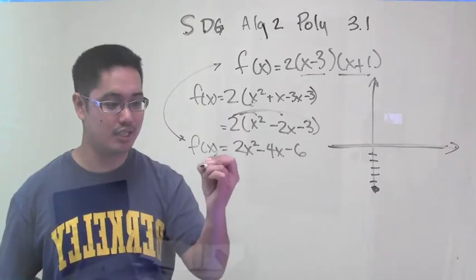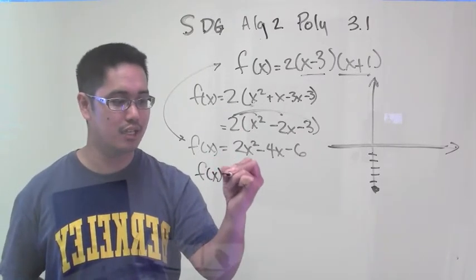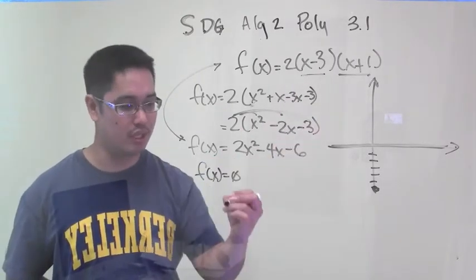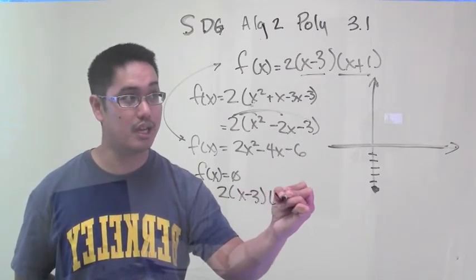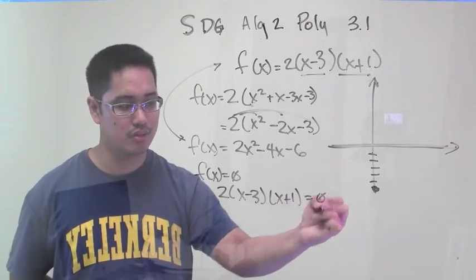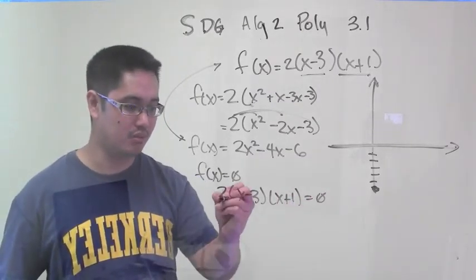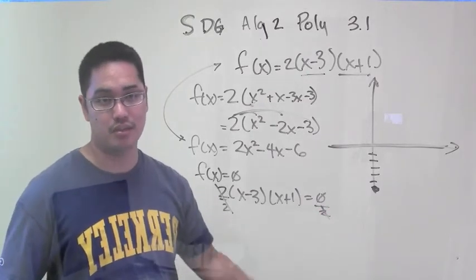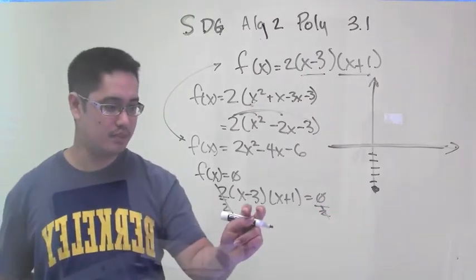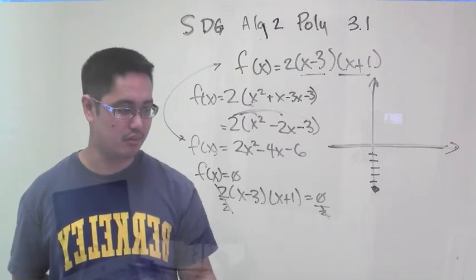If I want to get the x-intercepts, I set f of x equal to 0, or I set this whole thing equal to 0, and so I have 2 times (x minus 3) times (x plus 1) equals 0. Well, I can divide both sides by 2, and that just kills that, because 0 divided by 2 is still 0. Then I have (x minus 3)(x plus 1) equals 0.